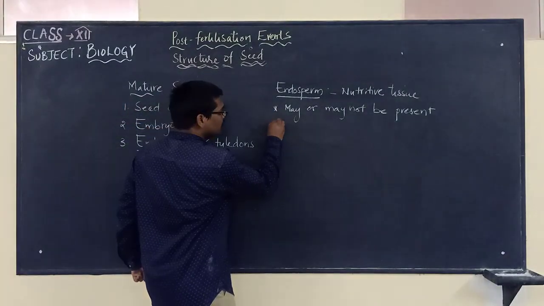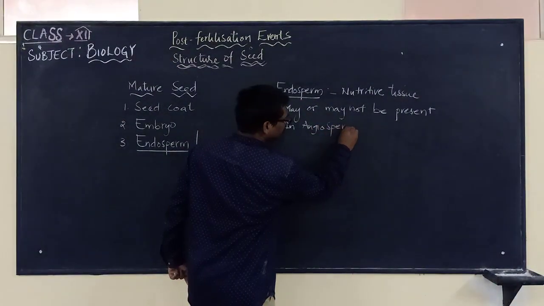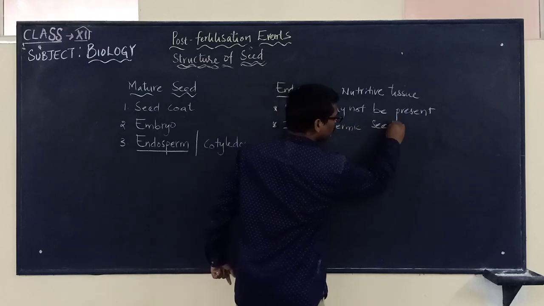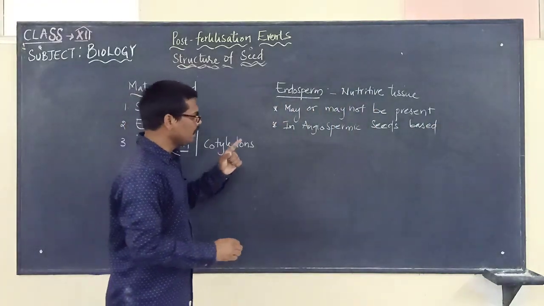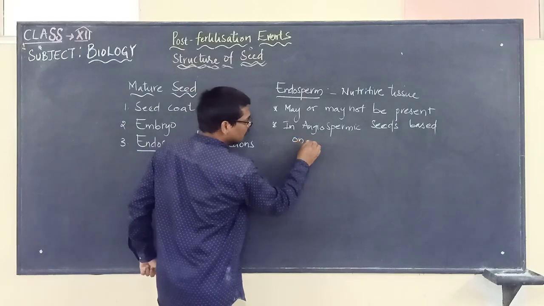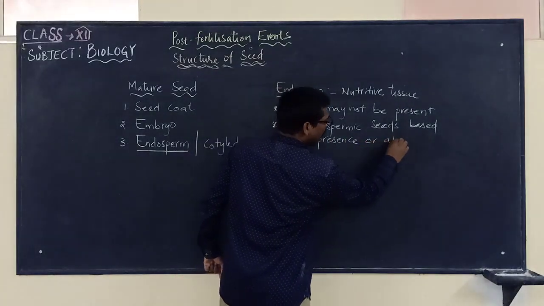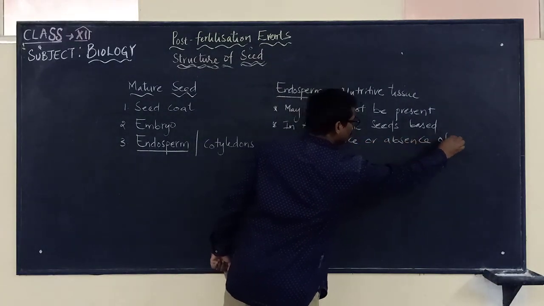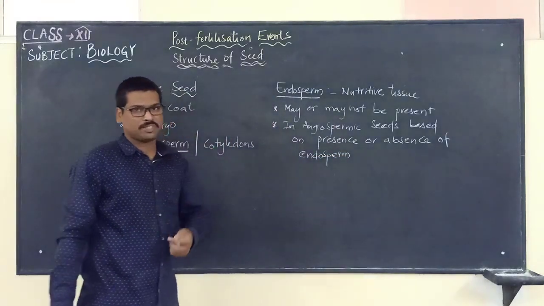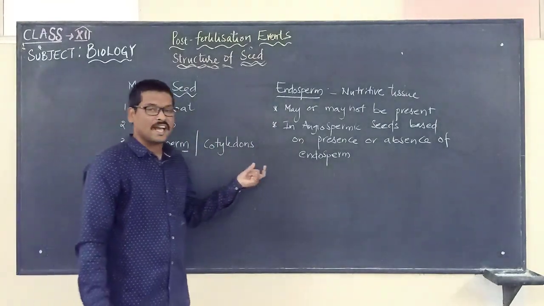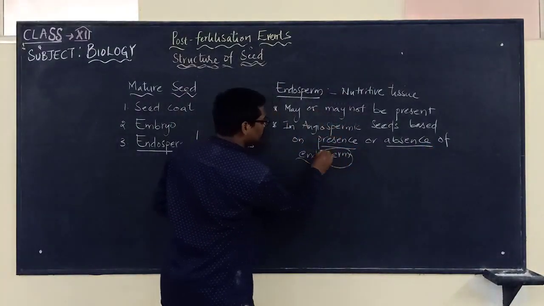So in angiospermic seeds, based on the presence or absence of the endosperm, the seeds are classified into two types.